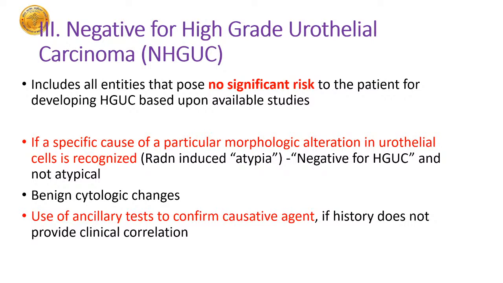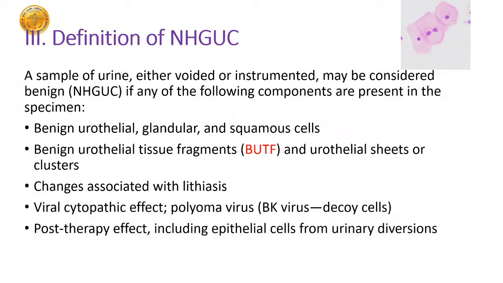So they say negative for high-grade urothelial carcinoma poses no significant risk. If you find a specific cause for a morphologic alteration in the urothelial cells, please mention negative for AGUC and don't write atypical. And these are called benign cytologic changes. For this category, we can use ancillary tests to confirm a causative agent if there is no corresponding history available.